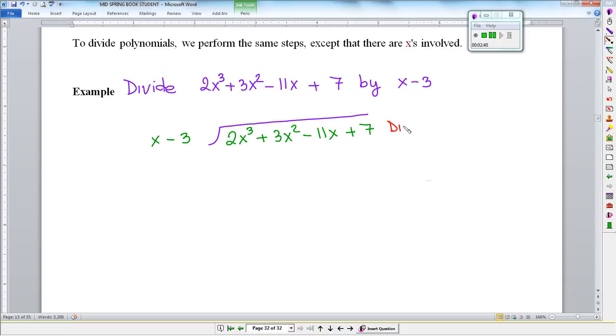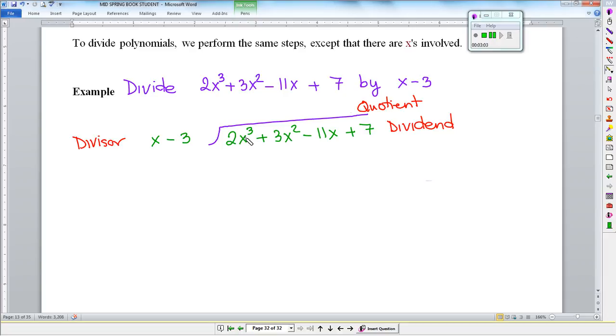Again, I'm going to label this so you know: this is the dividend, this is the divisor, and on top will be the quotient. If we have a remainder, it will be below here.